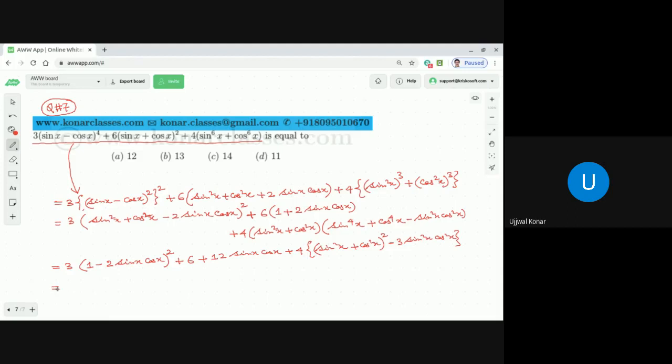So from here what we can get, dear students, 3 into, if we expand, what we are going to get, 1 plus 4 sin square x cos square x minus 4 sin x cos x plus 6 plus 12 sin x cos x plus 4 into 1 minus 3 sin square x cos square x.